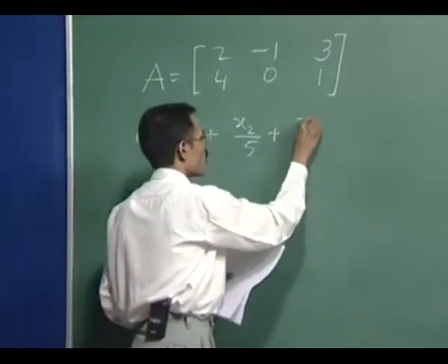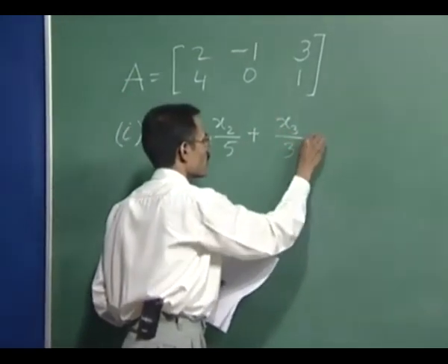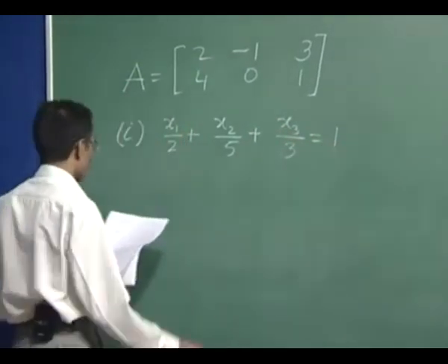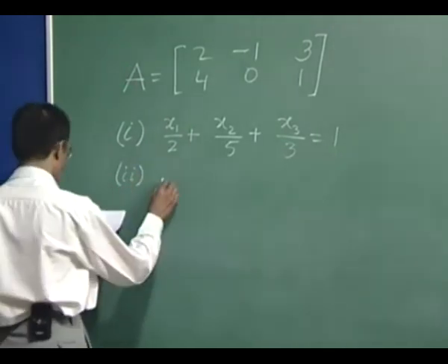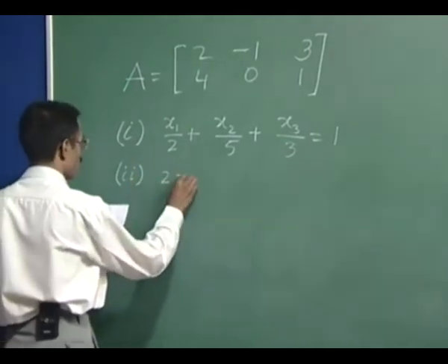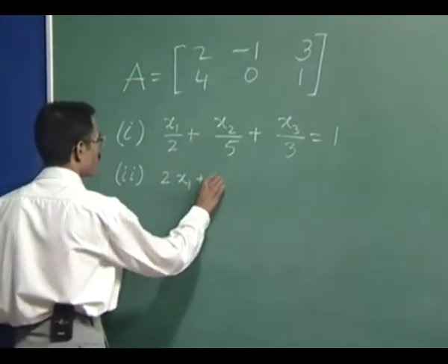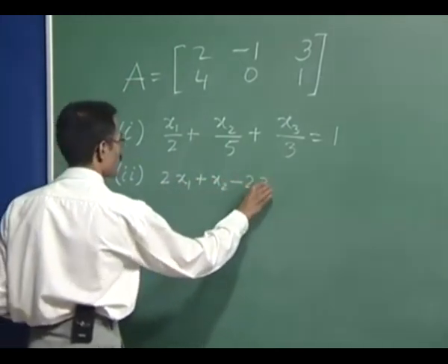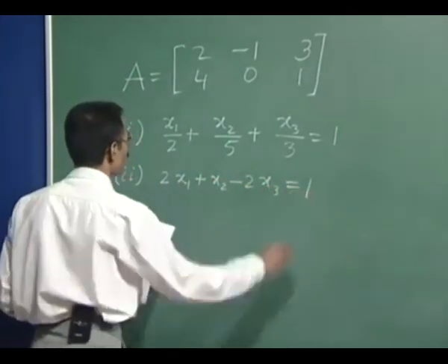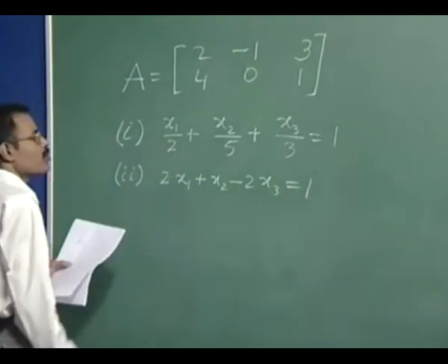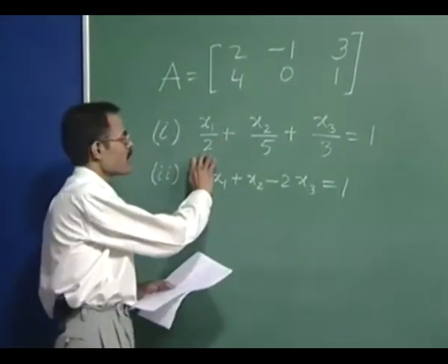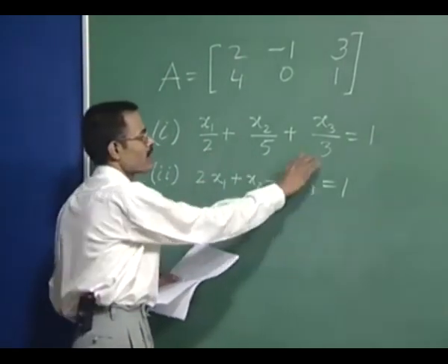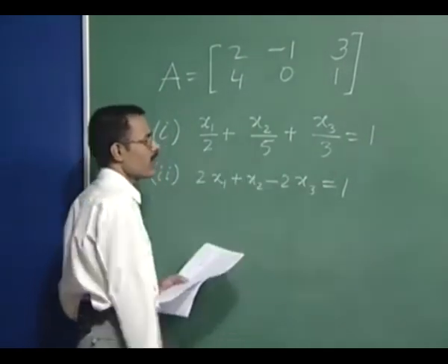This is one plane that we will consider, and this is the other plane that we will take up. In this case, the way the equation of the plane is written, the intercepts are 2, 5, 3 on the x1, x2, x3 axes.